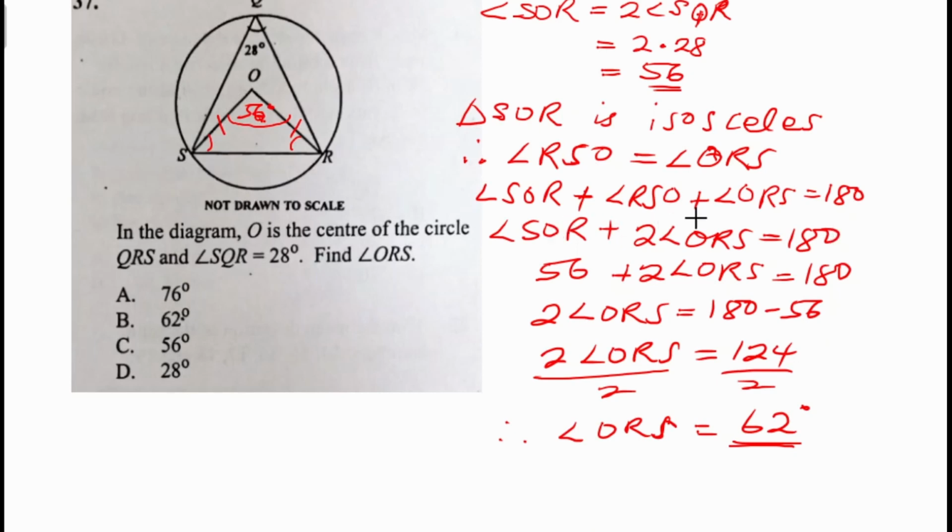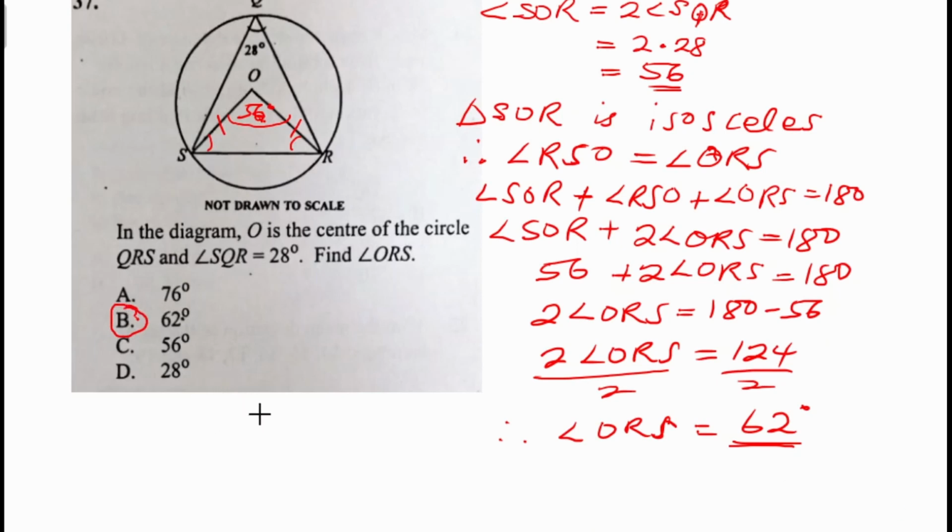And since this and this are the same, I decided to use twice ORS to represent the two of them, since ORS is what we are solving for. So angle SOR is 56, plus twice ORS should give us 180 degrees. Simplifying further, angle ORS is 62 degrees, which is option B. So that is the answer to our question.